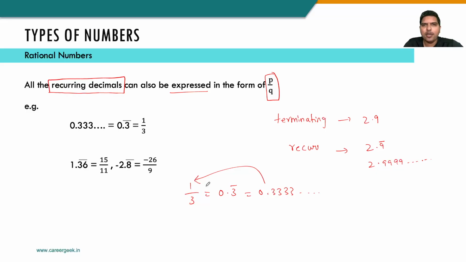Now the question is, can we write any recurring decimal in p by q form? The answer is yes, we can definitely write. How do we write that? We'll see a bit later in the next slides. But remember, all the recurring decimals can be expressed in p by q form. There is no exception for this.